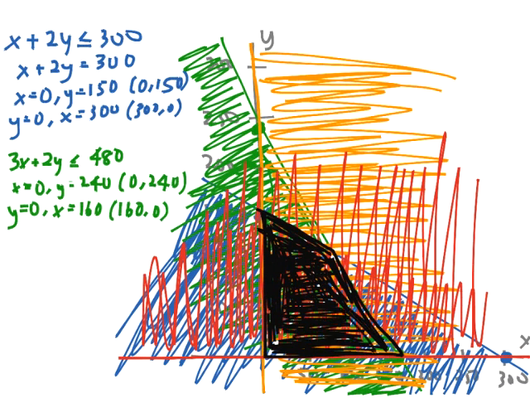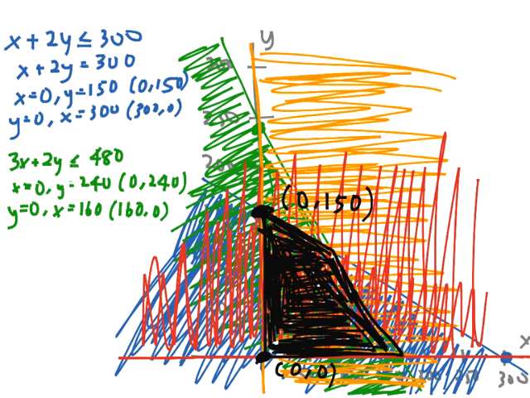So you can see that the first corner point is here, which is 0, 150. And then you have the second corner point, which is this one given to you, 0, 0.